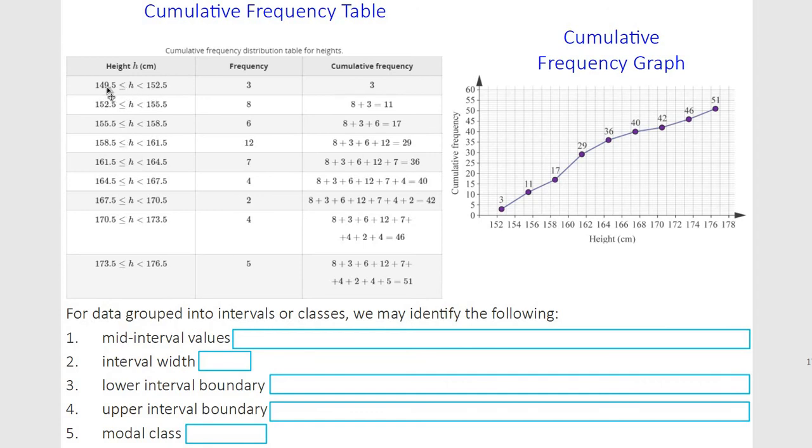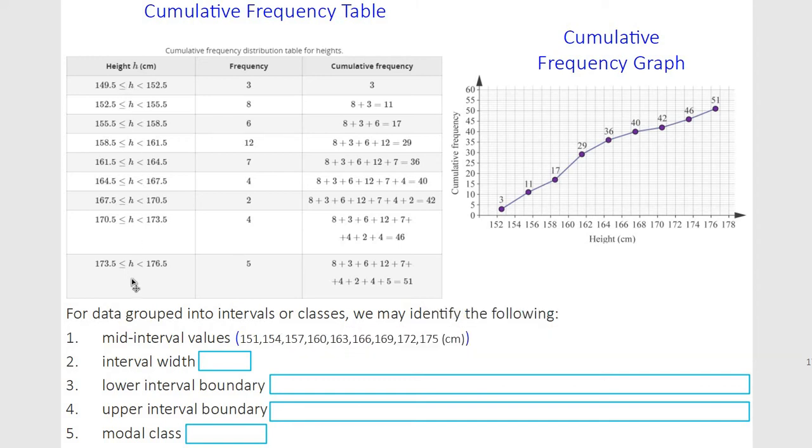So the mid value between 149.5 and 152.5 is 151. The value between 152.5 and 155.5 is 154. Okay, so these are all the values that are in the middle of our intervals.